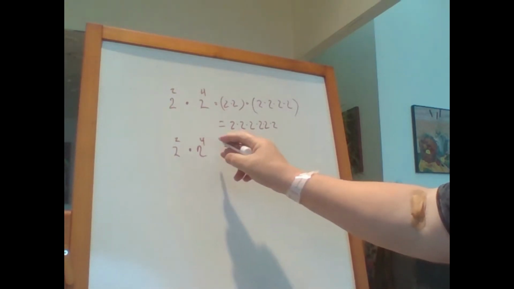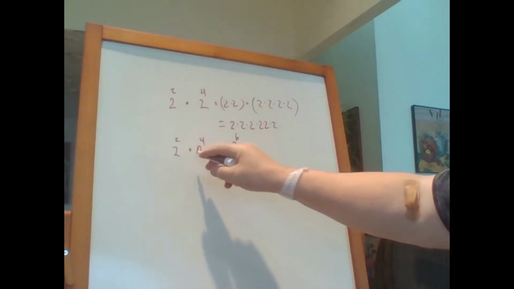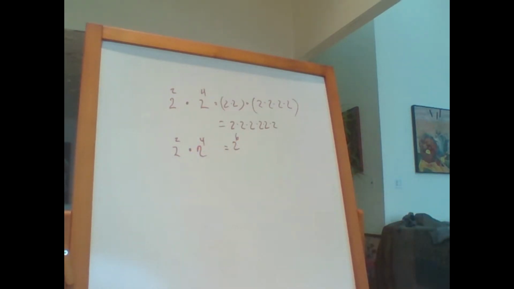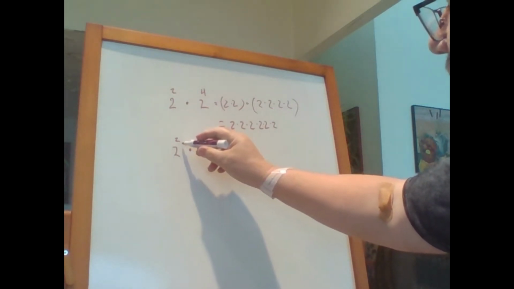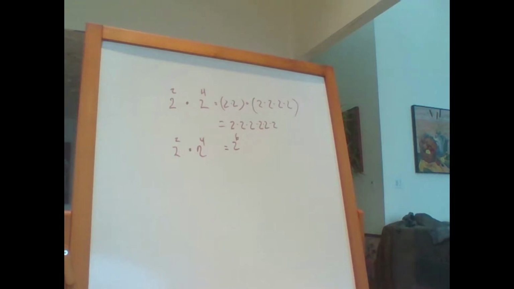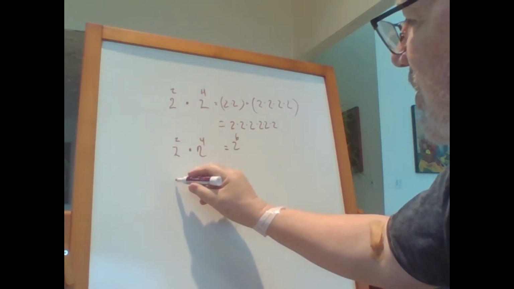And do you notice something? If we have the same base number, 2, this is where we get the name base, we have 2 plus 4 is 6. So this is the law of exponents.